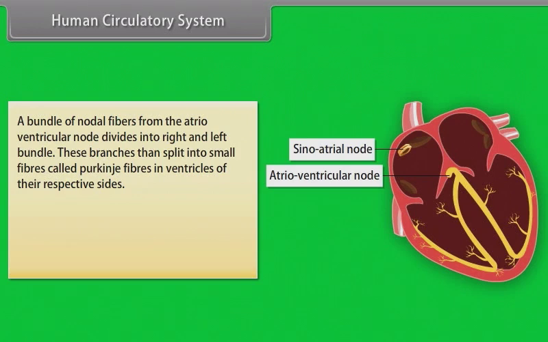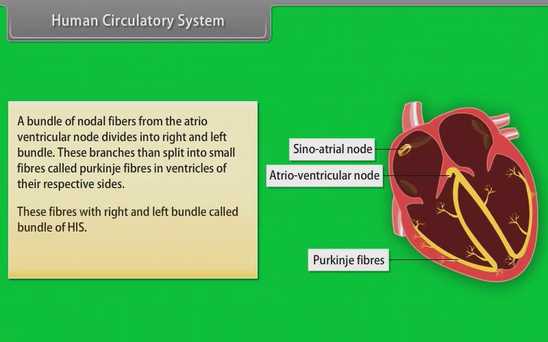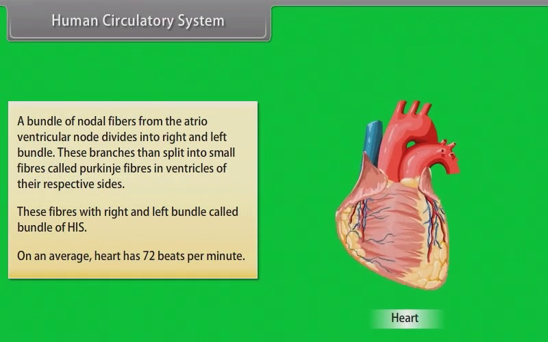These branches then split into small fibers called Purkinje fibers in the ventricles of their respective sides. These fibers with the right and left bundle are called bundle of HIS. On an average, the heart has 72 beats per minute.